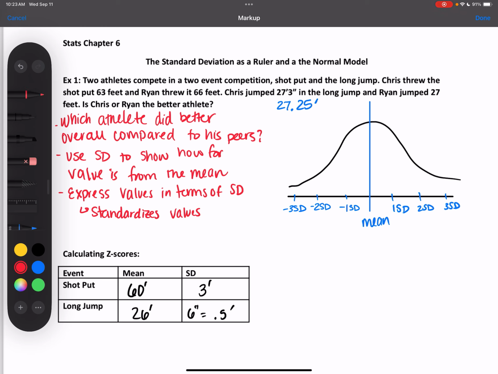What was our formula for z-score? It's the very first one from the notes yesterday. Z equals y minus y bar, the mean of the distribution, over s, the standard deviation.